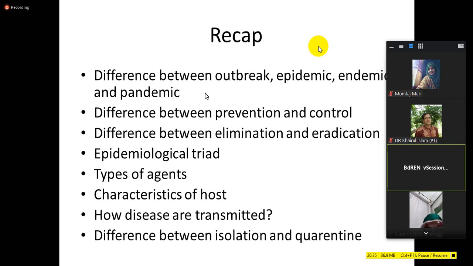So every year a certain proportion of people are suffering from malaria, right? So it's happening every year. That's why it is an endemic disease. Another disease may be Kala-Azar, also an endemic disease. Another example is goiter, which is very much common in the northern part of Bangladesh, in Rangpur, Dinajpur. So this is endemic.